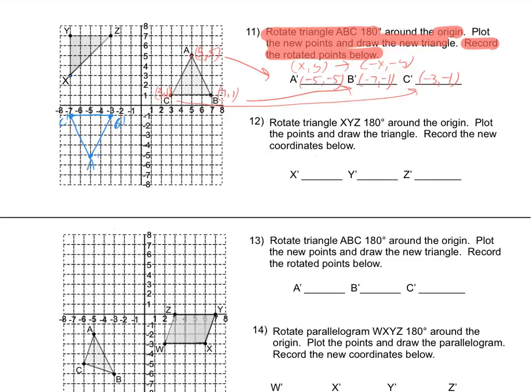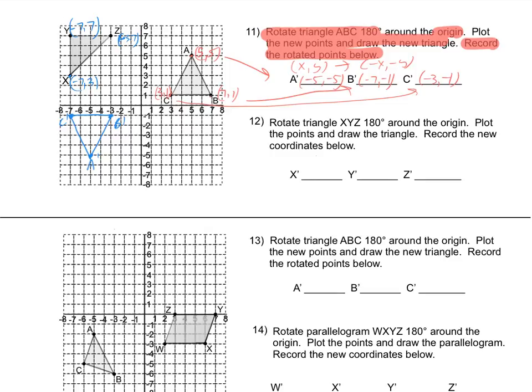The original point for x is -7, 3, the point for z is -3, 7, and the point for y is -7, 7.